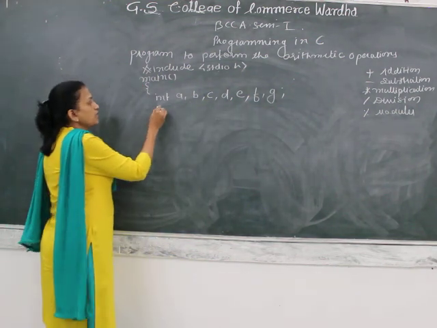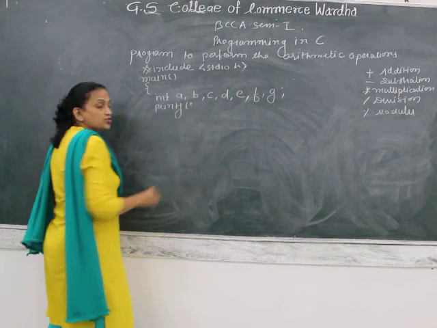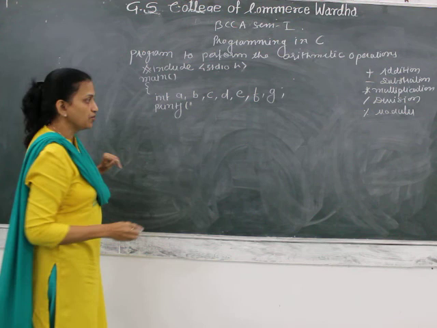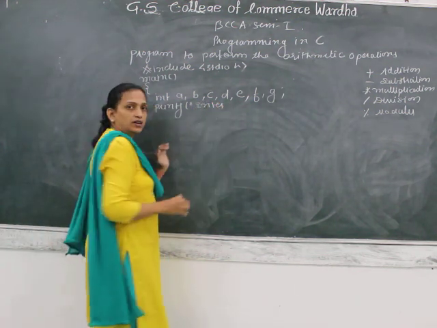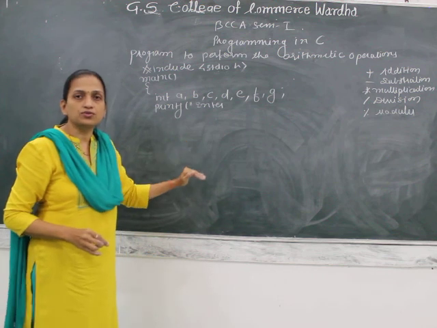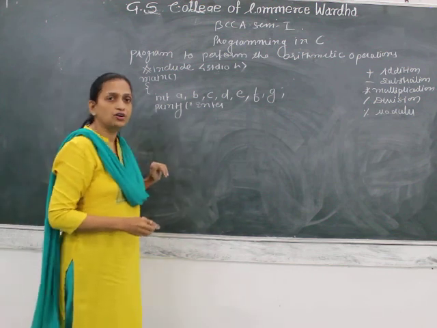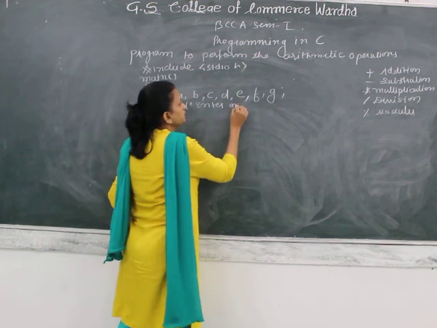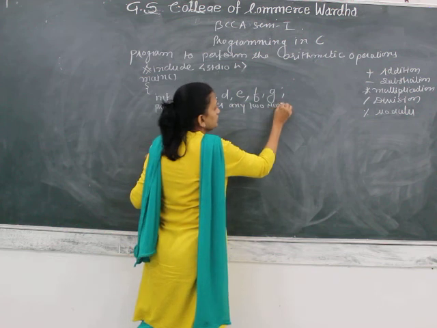Okay, so now the printf statement is used to print a message on the screen. It means we are printing a message for the user, telling how many values he has to enter to perform the arithmetic operators. So: enter any 2 numbers.